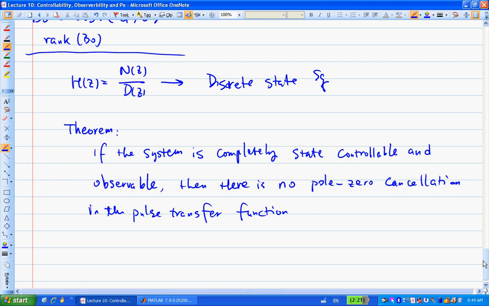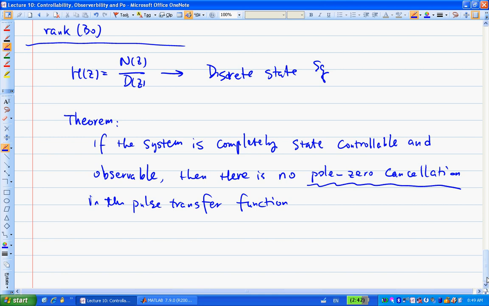If the system is completely controllable and observable, then there's no pole zero cancellation in the pulse transfer function. Actually, the other way is also true. If there's no pole zero cancellation, then the system is completely state controllable and observable based on this pulse transfer function. Let me explain what this pole zero cancellation means.